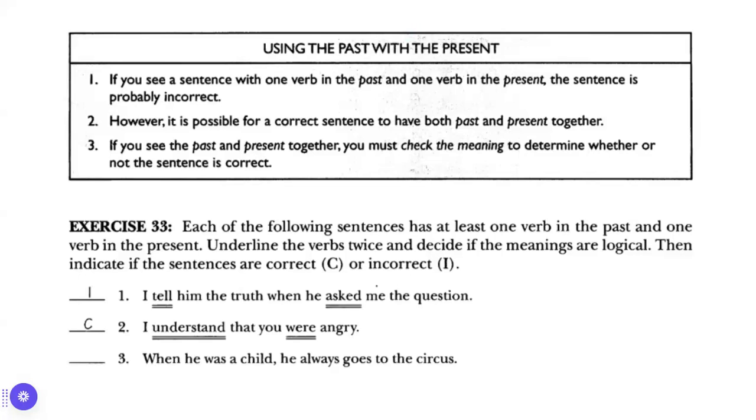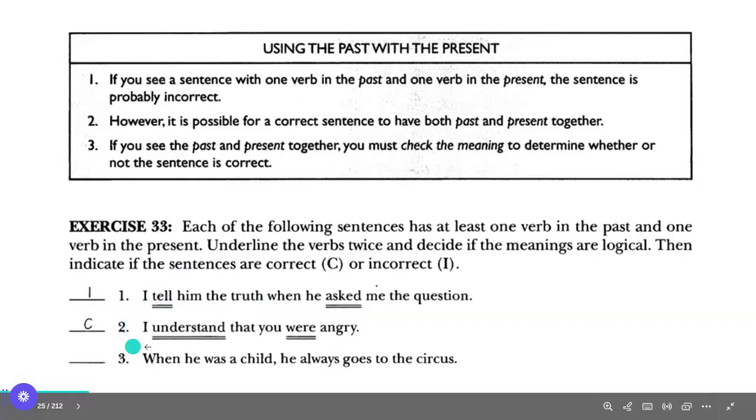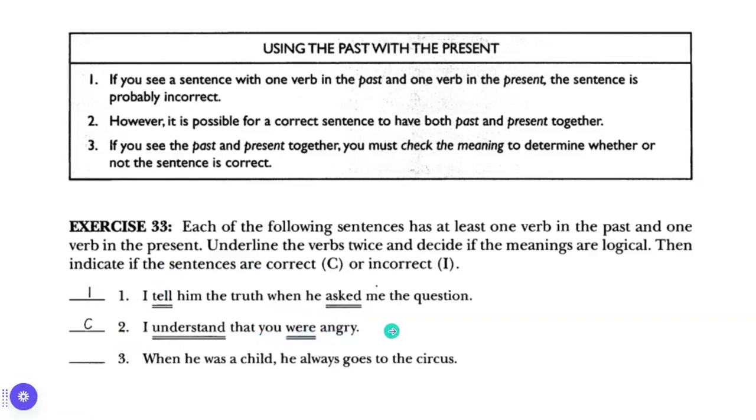Let's see, number 1. "I tell him the truth when he asks me the question." Here, we know that it is something that happened in the past. When he asked me the question, in that time, I told him the truth. That's why it's incorrect. Number two, "I understand that you were angry." This is correct because I understand now that you were angry.